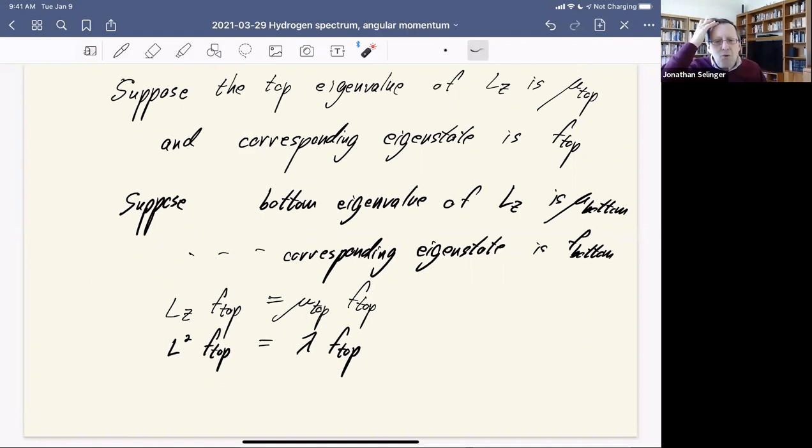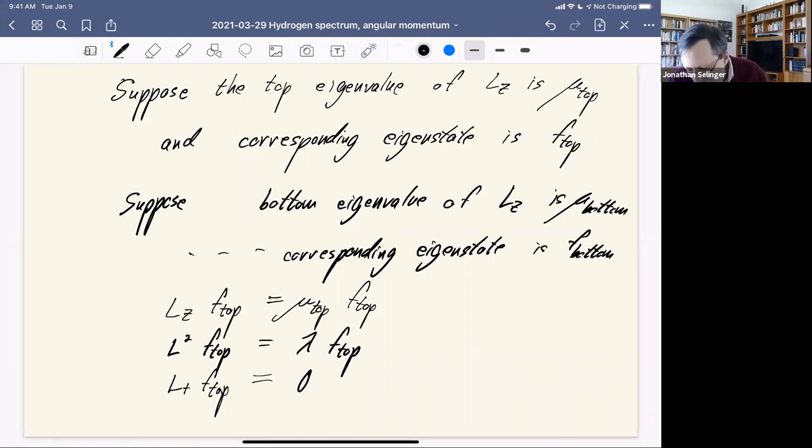What happens if you try to raise it? If you hit the top state with L plus, the only possible answer is that this must be zero. That's the same argument we had at the bottom of the harmonic oscillator ladder: if you try to go beyond the limit of the ladder, you have to annihilate the state, you just get zero.